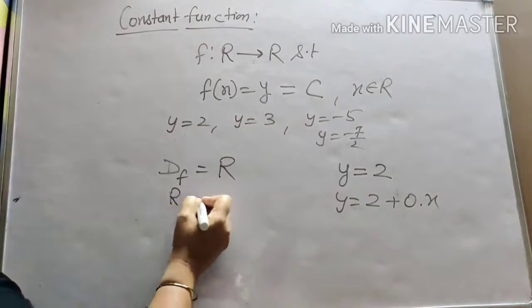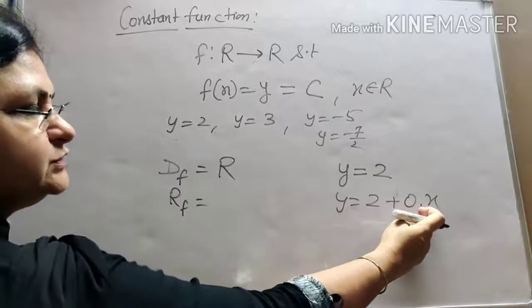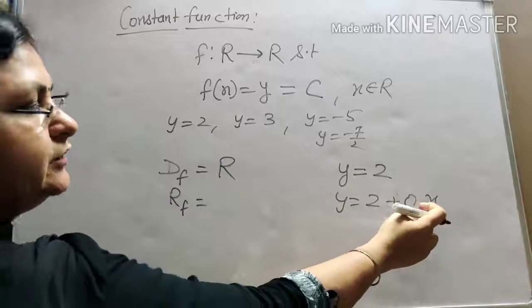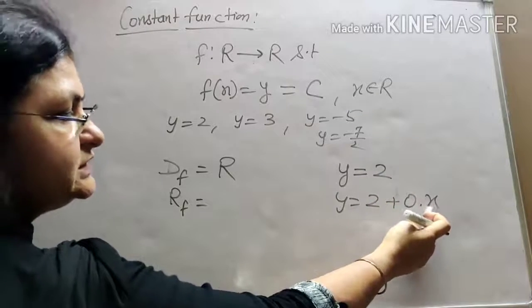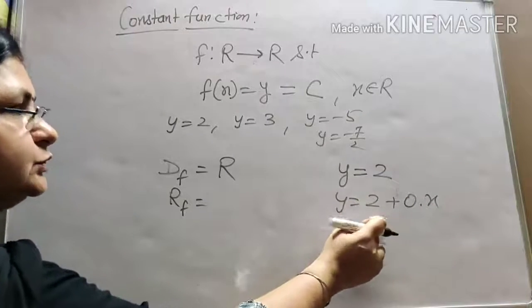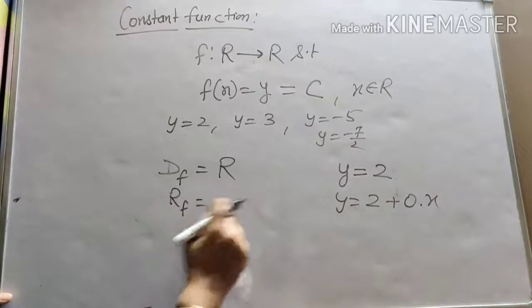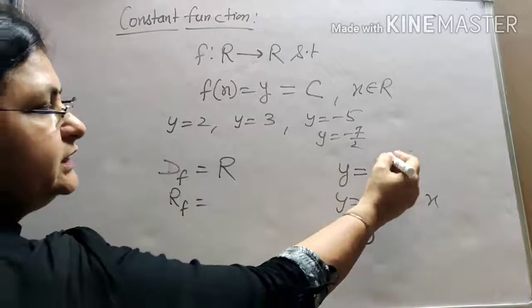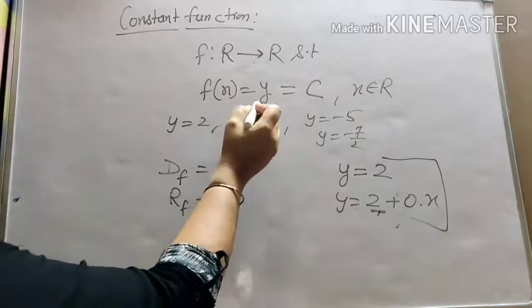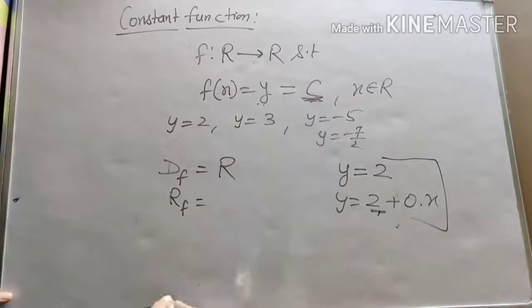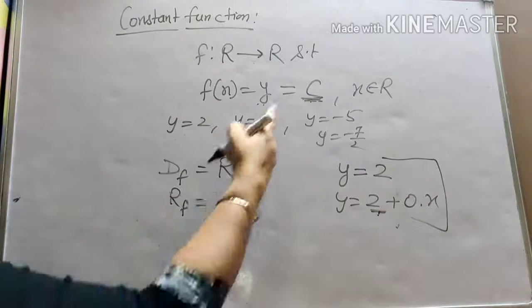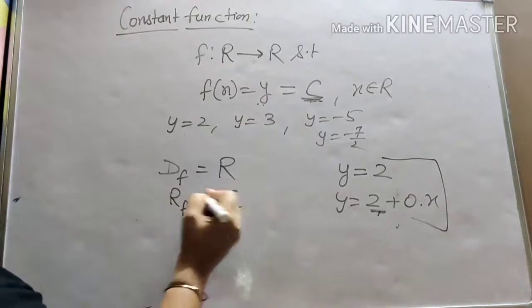Now, the range of the function. If we put x as 1, then y is 2. If x is -1, then again y is 2. If x is 3, then y is again 2. It means the range of the function is 2 in this case. And in general, if I am taking y equal to c, c meaning any constant, then the range of that function is the constant term.